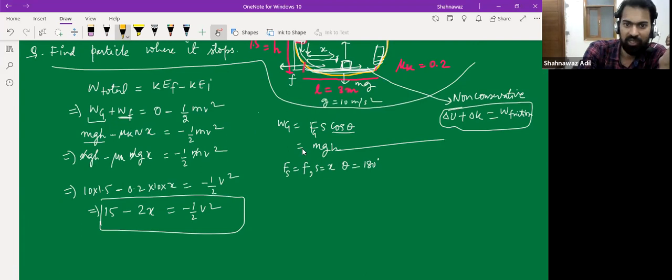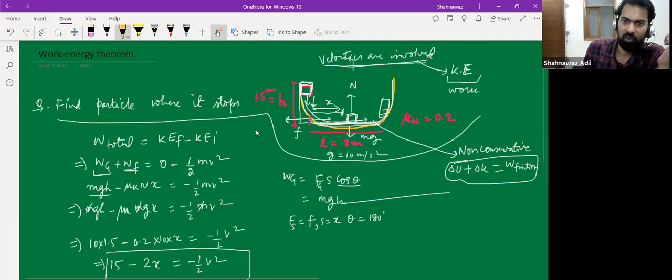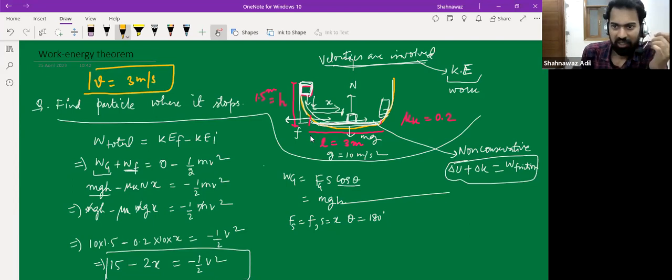We can't calculate this problem without the velocity, so let's say that some initial velocity v was given, which was, let's say, 3 meter per second. I would have missed that part, right?